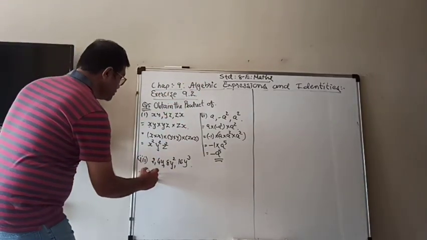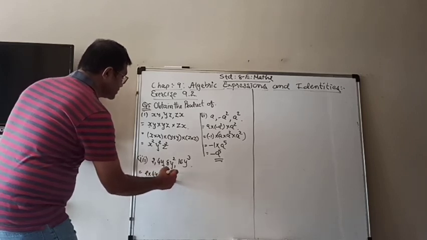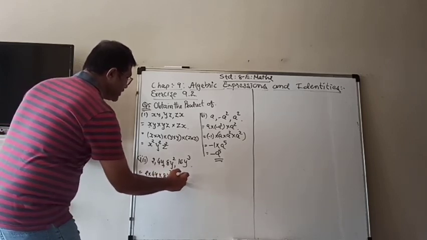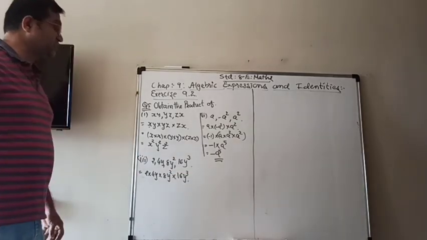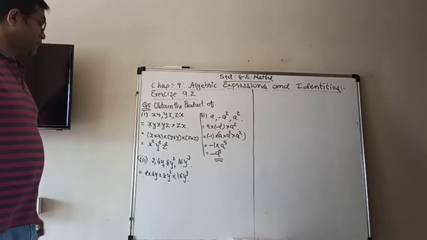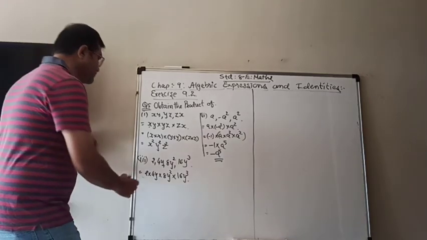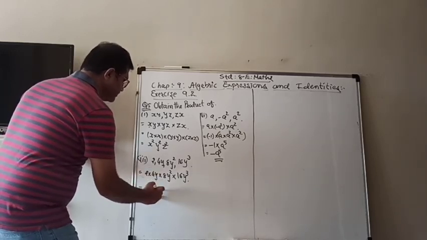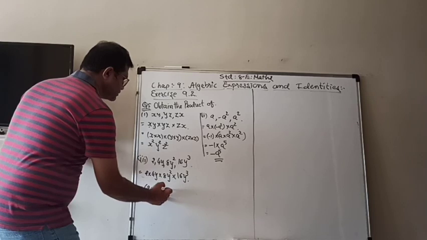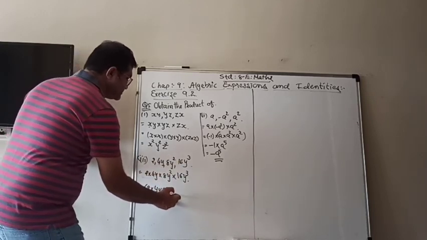So now 2 multiplied by 4y multiplied by 8y square multiplied by 16y cube. So now first we will separate the coefficients. So here it is 2 multiplied by 4 multiplied by 8 and the last has 16.